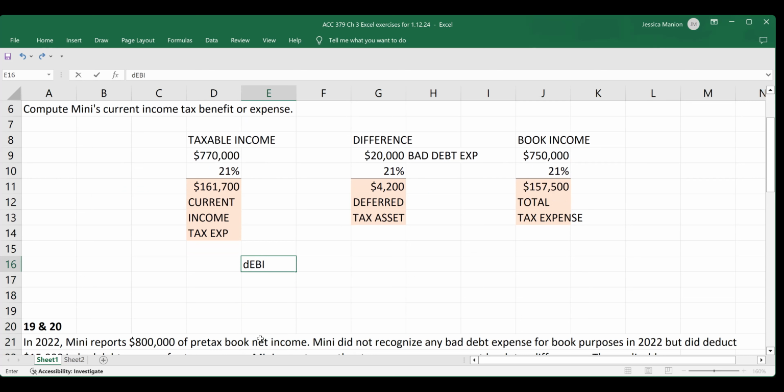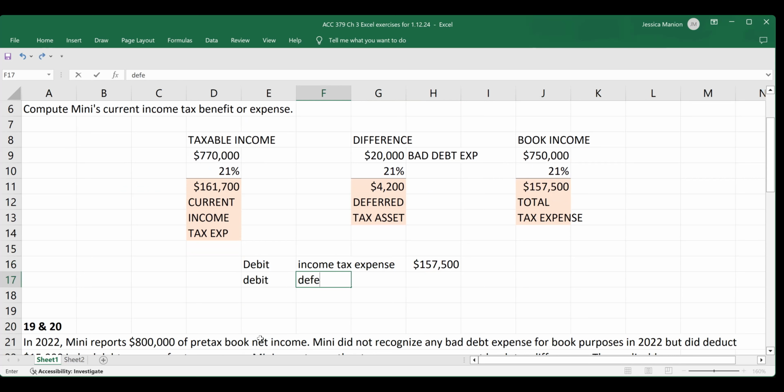So we would debit income tax expense for the 157,500. Since it's a deferred tax asset, we know that assets increase with a debit.